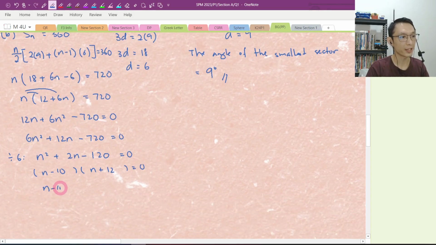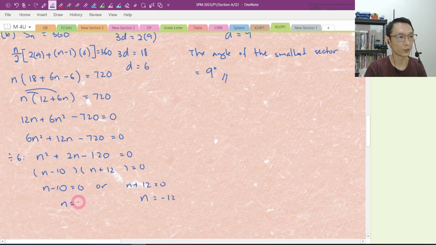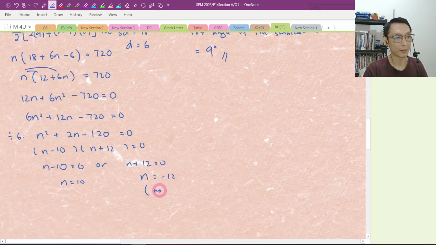So n minus 10 is equal to 0. We are using the zero product property. Two numbers multiplied, if you get 0, one of them must equal 0, right? Or n plus 12 is equal to 0. So n is equal to negative 12 and n is equal to 10. Negative 12 is not accepted because n cannot be negative here. So our answer, n is equal to 10.